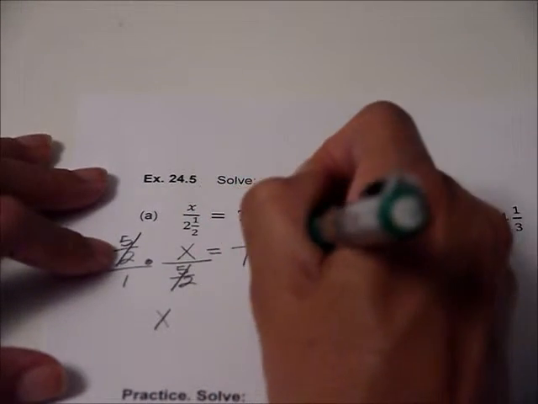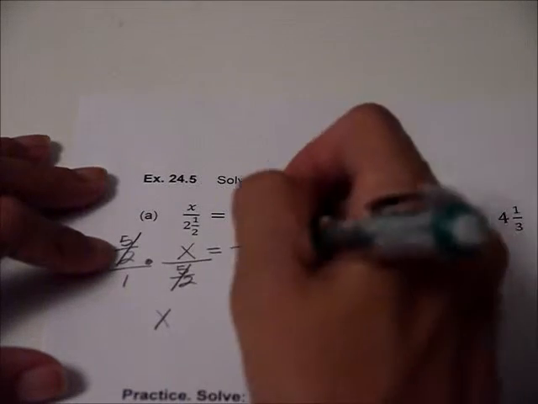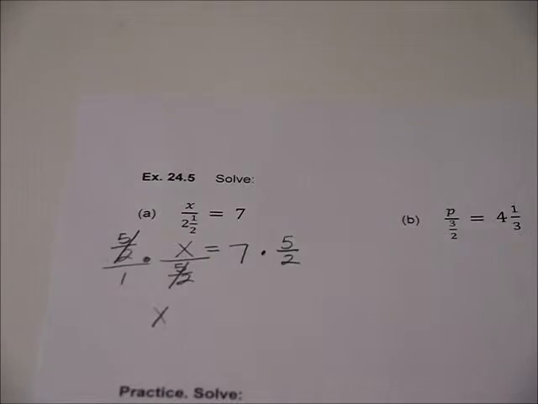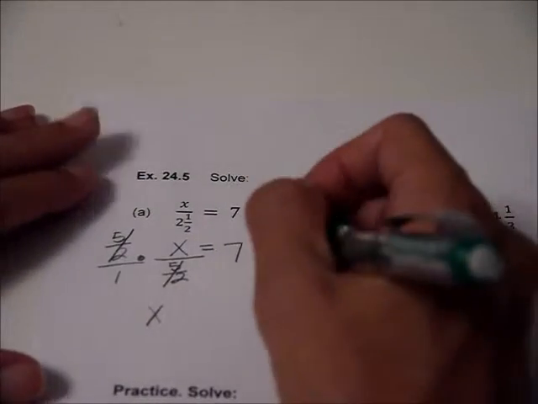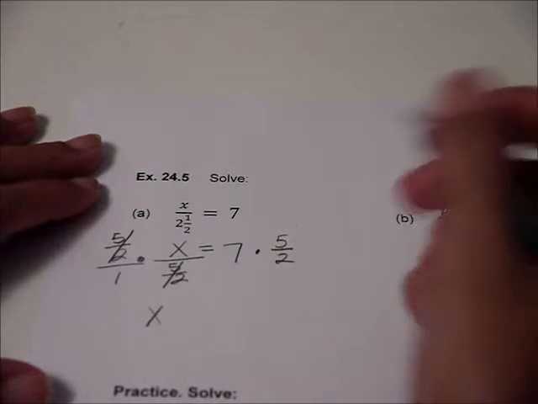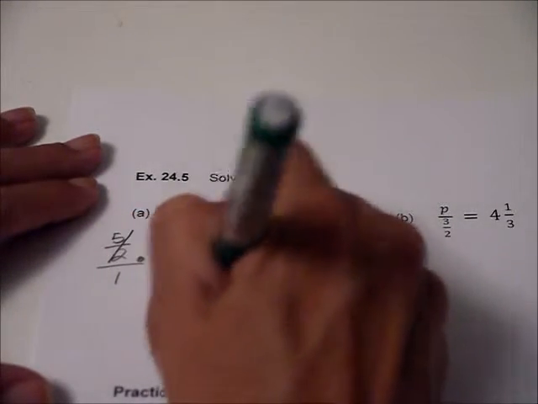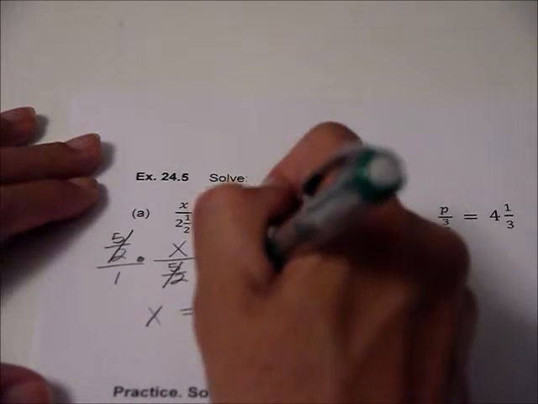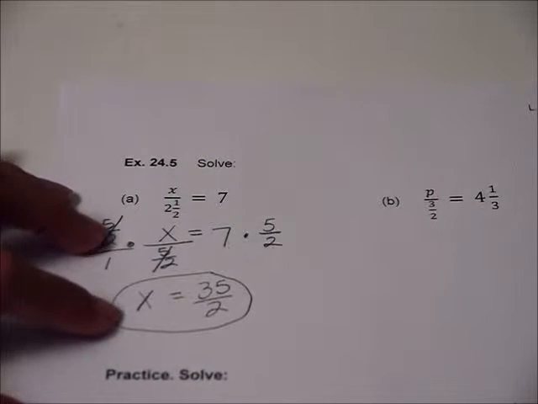I multiplied by 5/2. If this is confusing, you might want to look in the book again and then come back and watch this, because you're going to get a chance to do it in just a minute. So 7 times 5/2 would be 35 over 2. And again, we do not need to turn that into a mixed number.